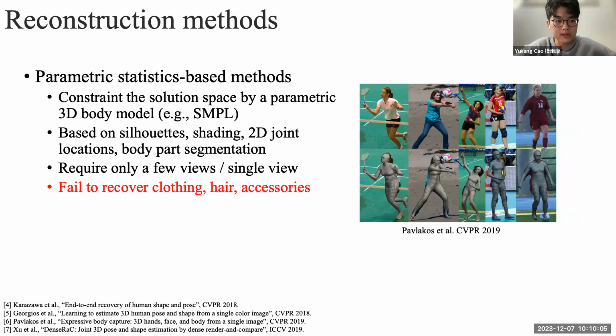For example, SMPL and SMPL-X can estimate human shape and pose parameters based on different information, for example, silhouette, shading, 2D joint locations, body part segmentations, etc. However, these methods may not be able to recover certain clothing topologies such as clothes and hair.